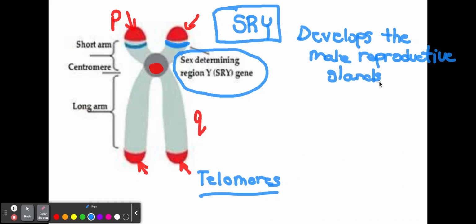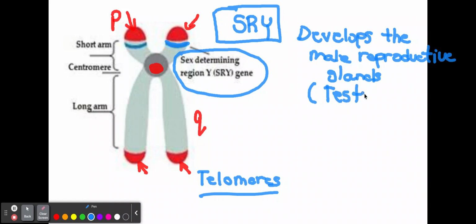Simple as that. In other words, it triggers the development of these reproductive glands during embryonic development, while it's developing into an embryo. And of course, I'll put in parentheses here, these glands are the testes.